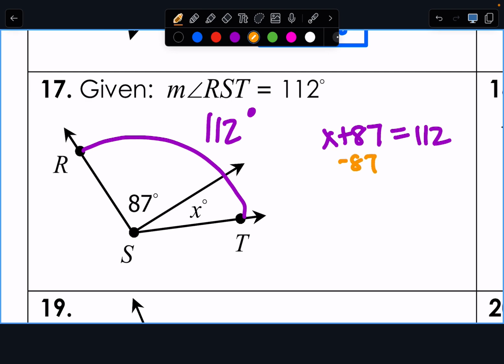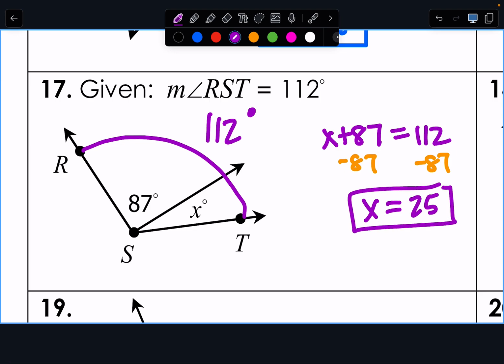So Ellie's saying, we need to subtract the 87 from the 112. And what would we get? 25.